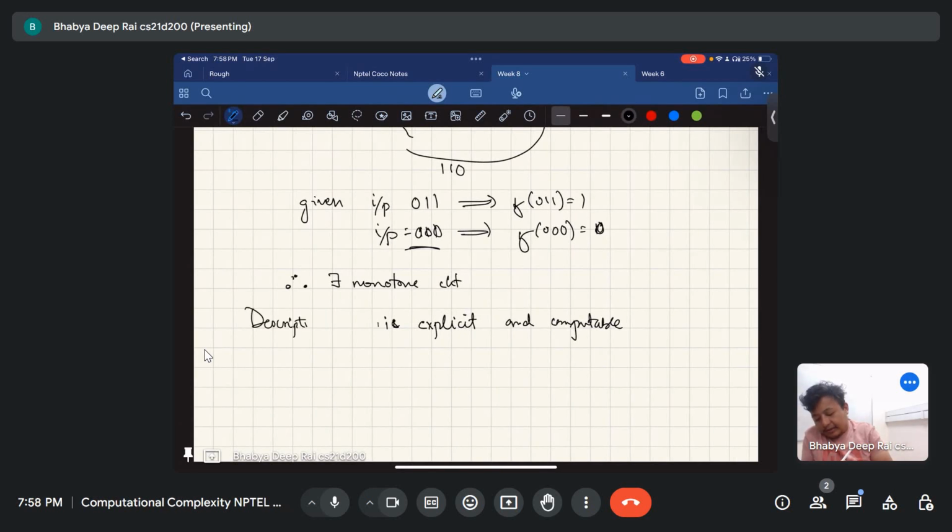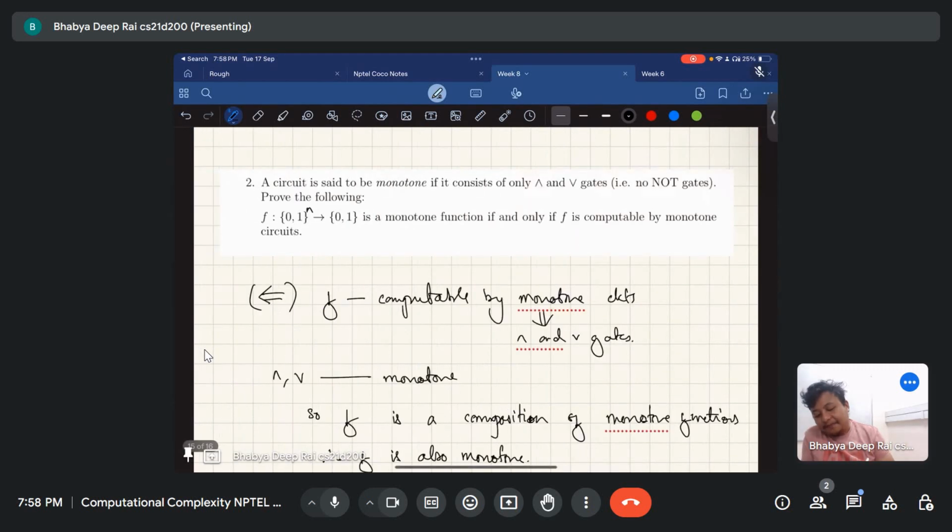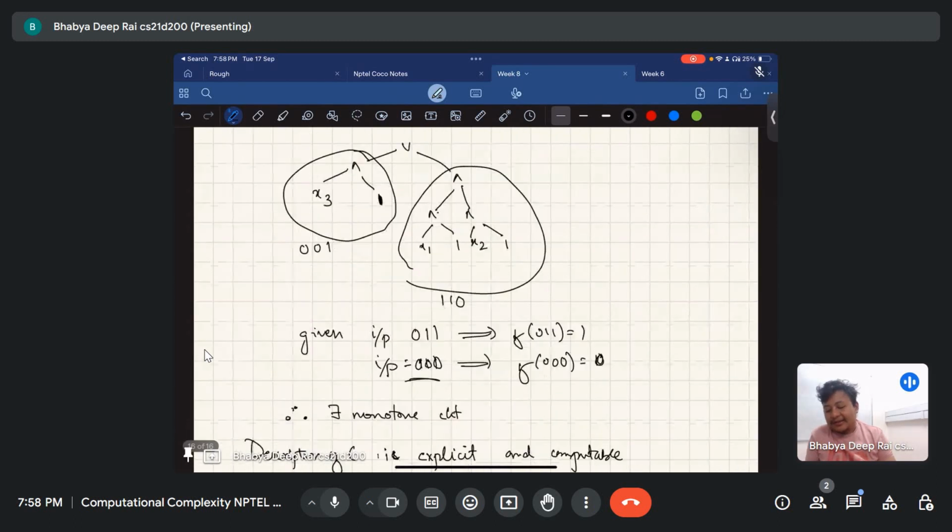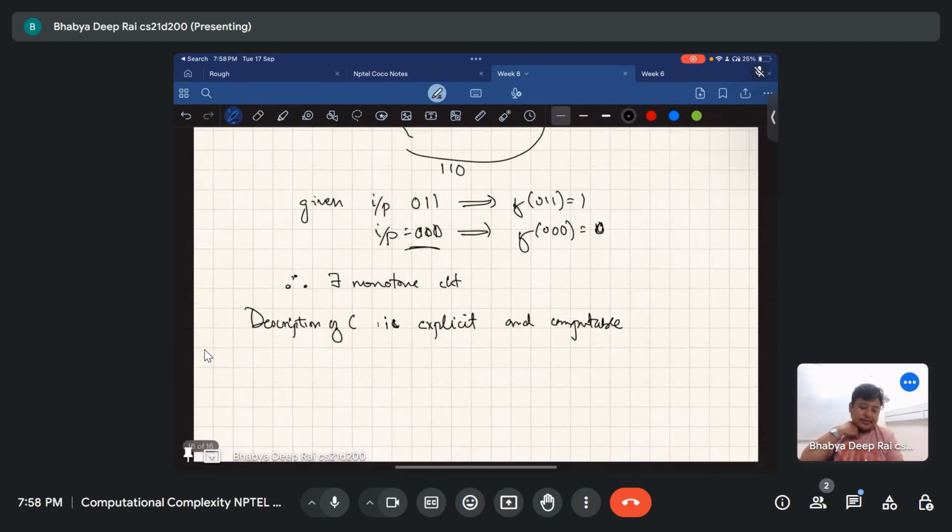This is the construction. So there exists a monotone circuit for every monotone function, and this completes the proof.